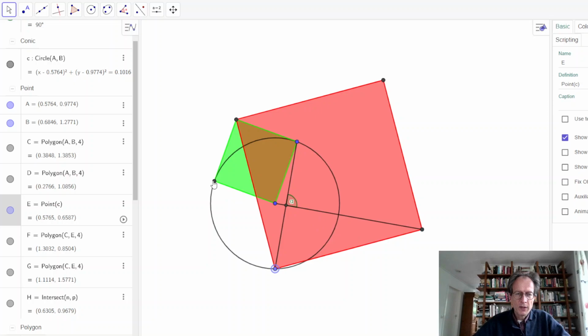First of all, I'm going to choose the origin in the center of the circle. That's the origin. Here we have the endpoint of vector A, and here we have the endpoint of vector B. Then I'm going to say a clockwise rotation over 90 degrees of vector A will end up here.